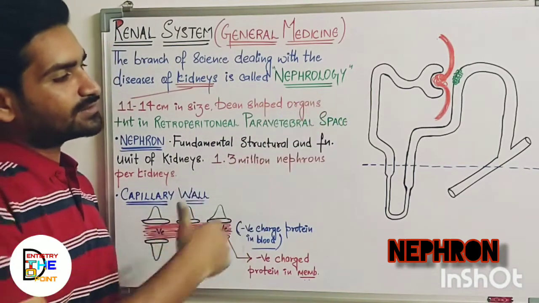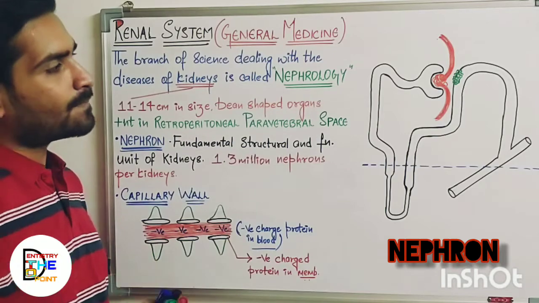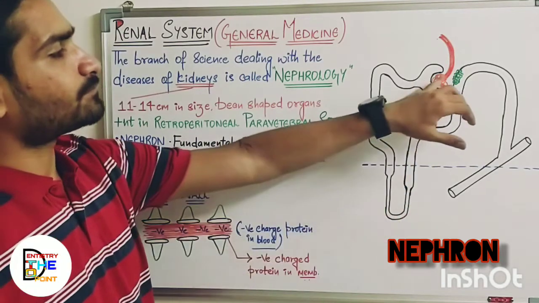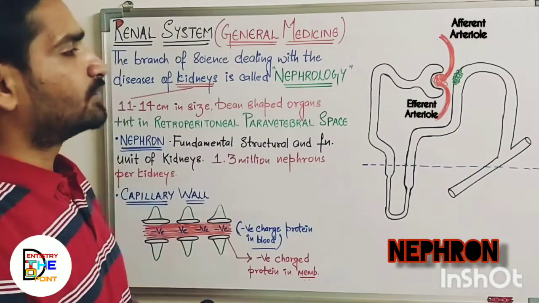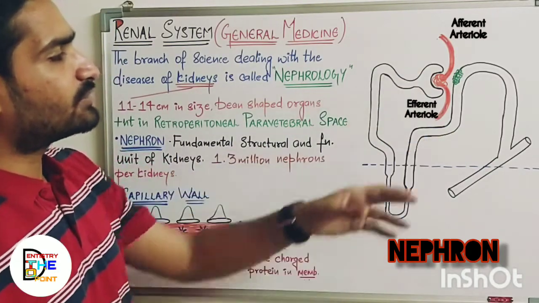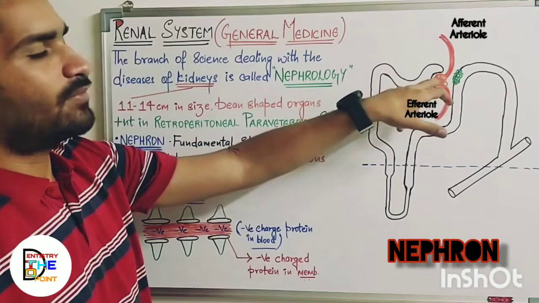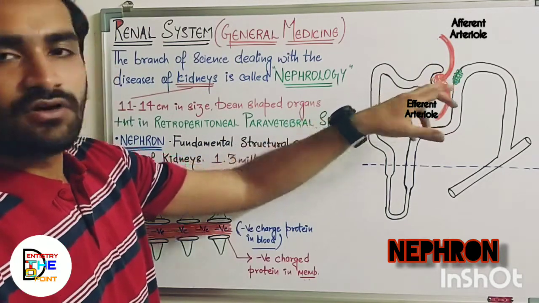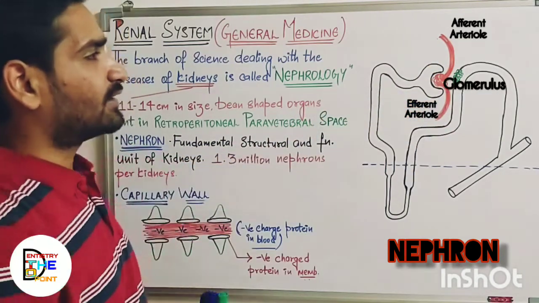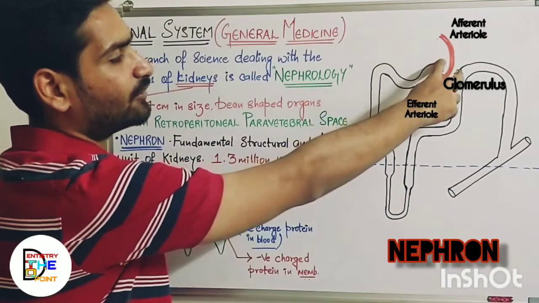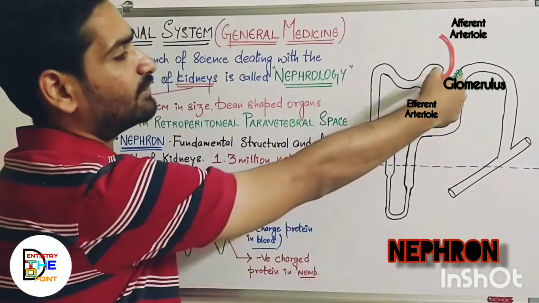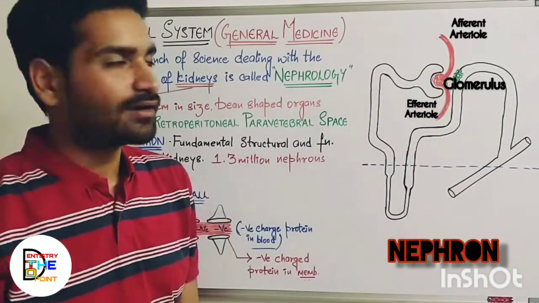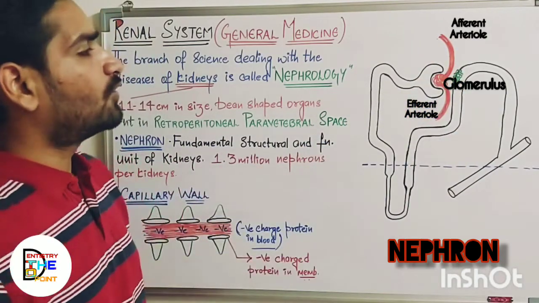Now looking at the structure of a nephron, firstly we have the afferent and efferent arterioles. The afferent and efferent arterioles form a tuft of capillaries which we call the glomerulus.